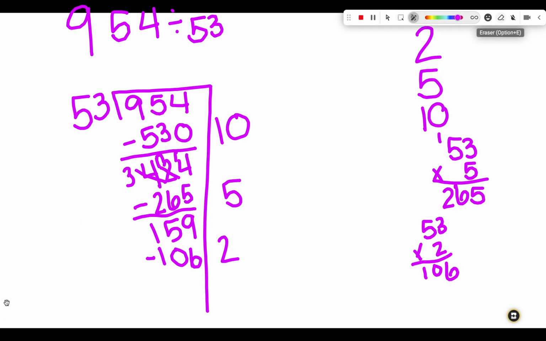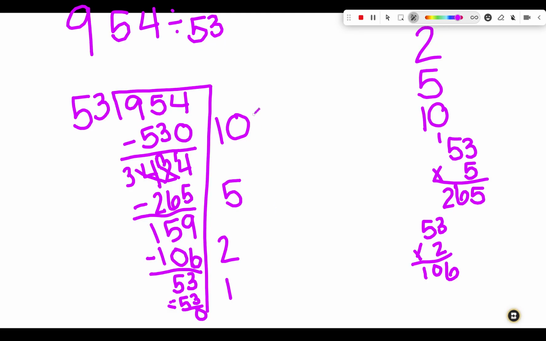I'm going to move my bar up here. Okay. And I'm going to be left with 53. I have 53 left. One more group of 53. So I'm going to put a 1 here. I'll subtract 53 and be left with 0.